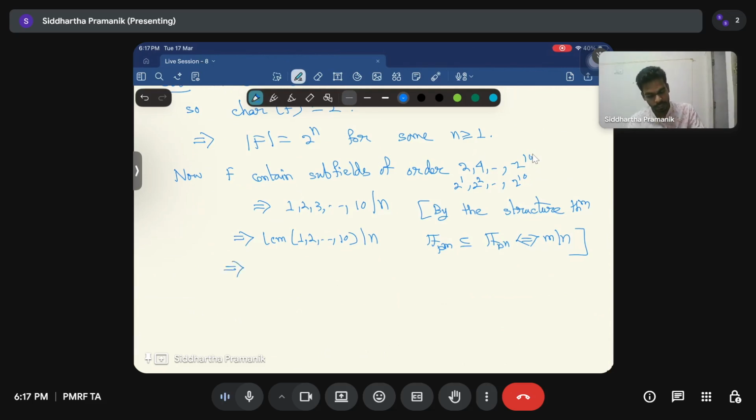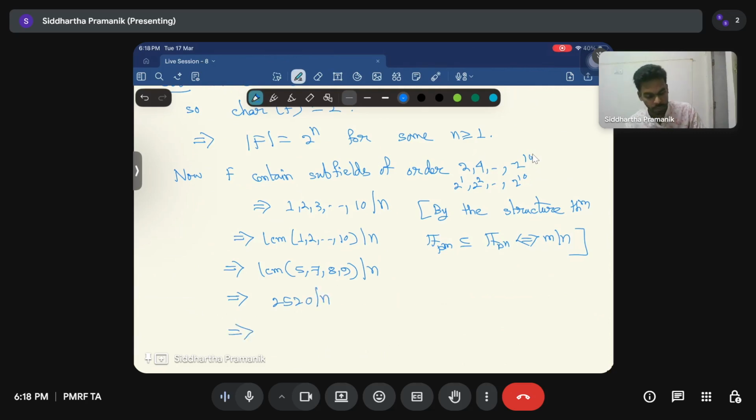You can see that the LCM of 5, 7, 8 and 9 will divide n because these two LCMs are the same. So we are taking all the powers of 2 and powers of 3 common. And this LCM you can check will be 2520.